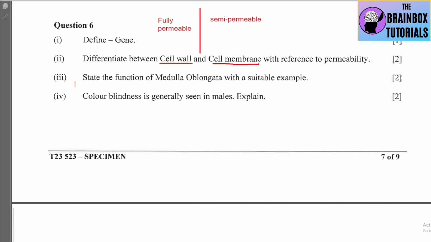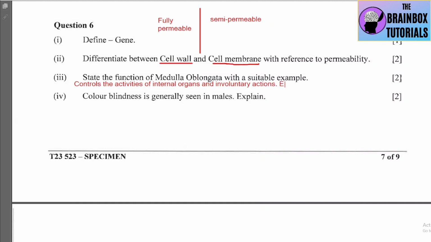Now 6 part 3 is state the function of medulla oblongata with a suitable example. So what does medulla oblongata do? It controls the activities of internal organs and involuntary actions.